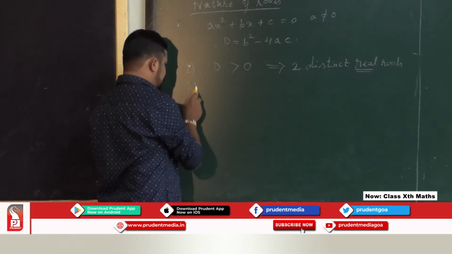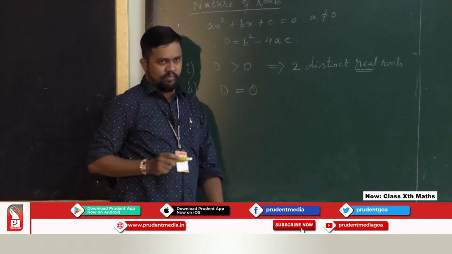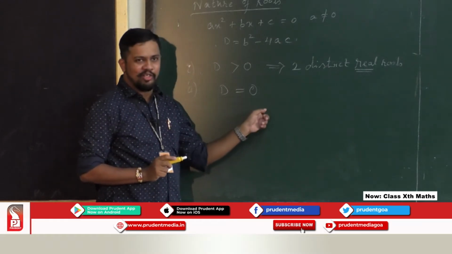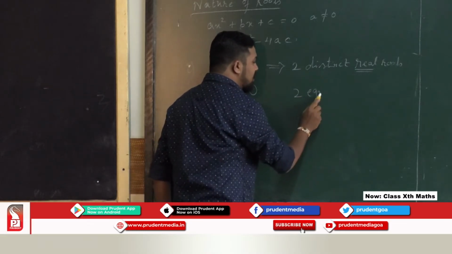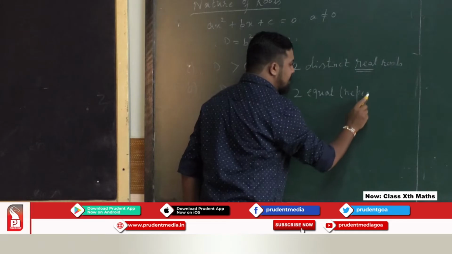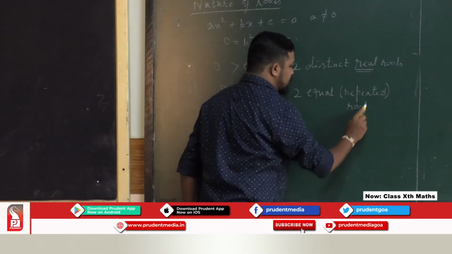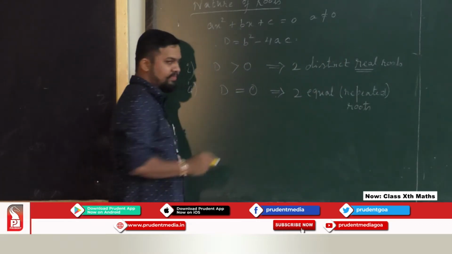The second condition can be D equal to 0. You didn't get D equal to 0 till now. So when D is equal to 0, we will get 2 equal, repeated roots.